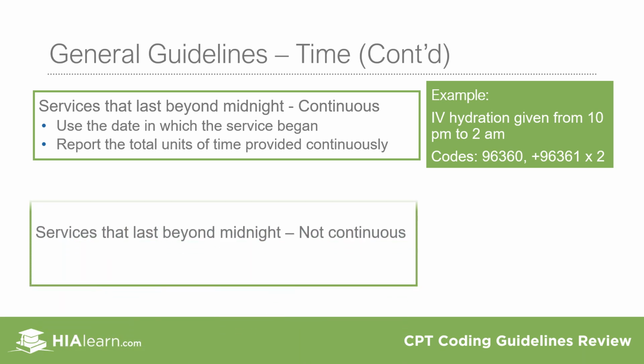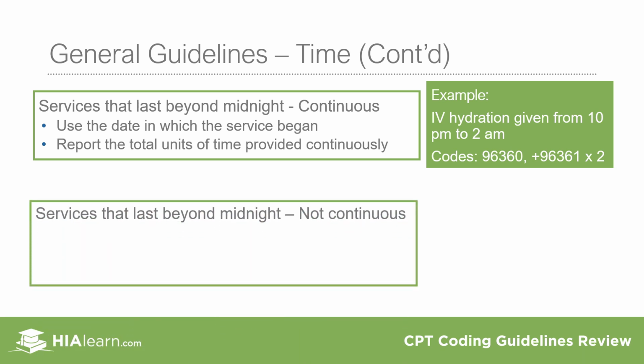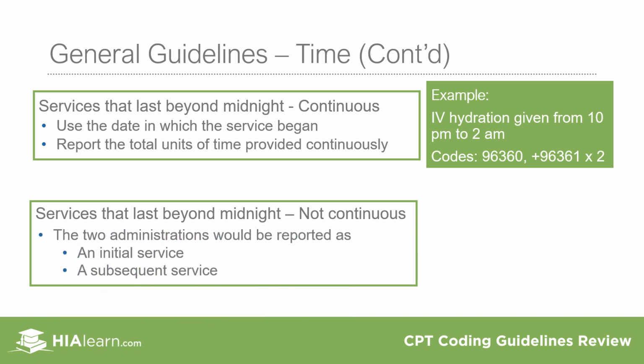For services that last beyond midnight that are not continuous, a minimum of 2 administration codes are assigned, one to report the initial service and one to report a subsequent service.